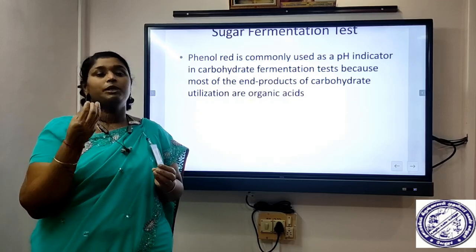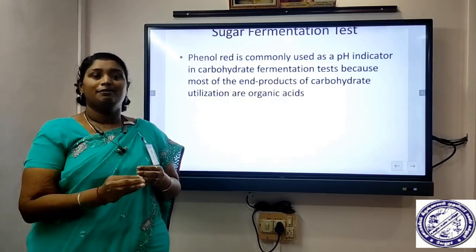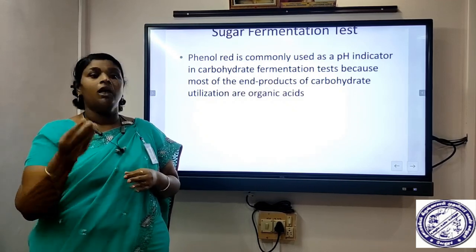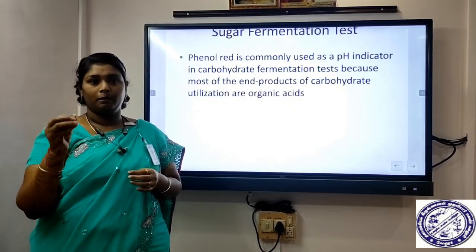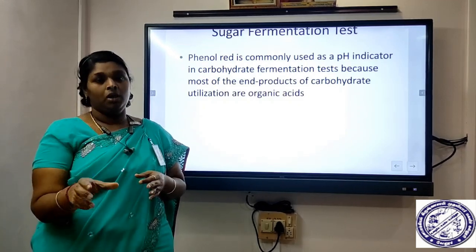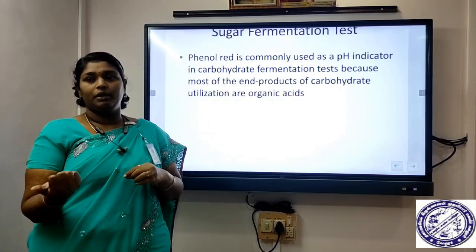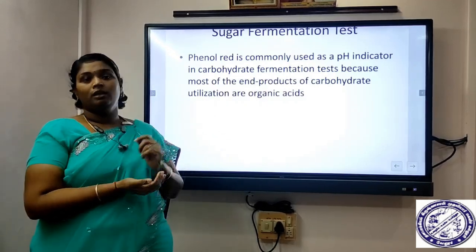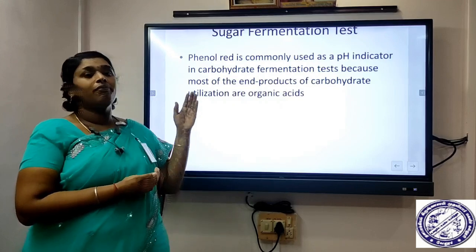So when the sugar has been utilized by the organism, definitely by the fermentation mechanism or by the metabolic activities, the acids and alcohols will be liberated in the medium. So that will be changing the medium's pH. The acid pH or alkaline pH can be easily detected by the conversion of the indicator molecule, that is phenol red.